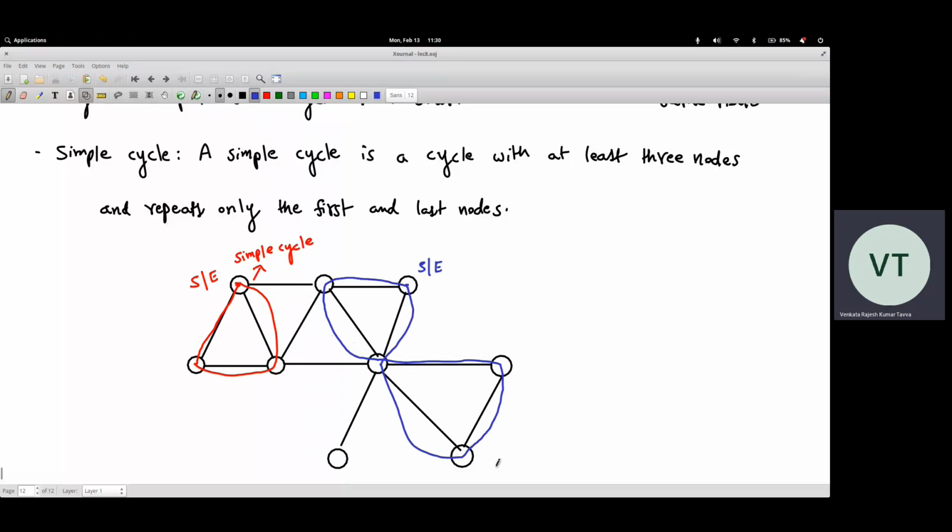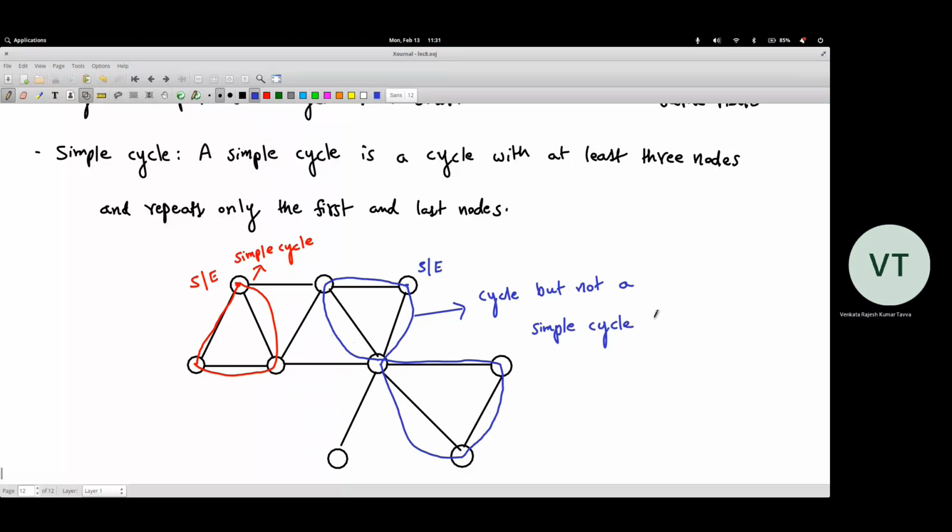Now actually this is a cycle because the starting and ending node are the same, but in between there is a repeating node which is different from the starting and ending node. So this is not a simple cycle. This is a cycle, but not a simple cycle. I hope you got the difference between path and simple path and cycle and simple cycle.